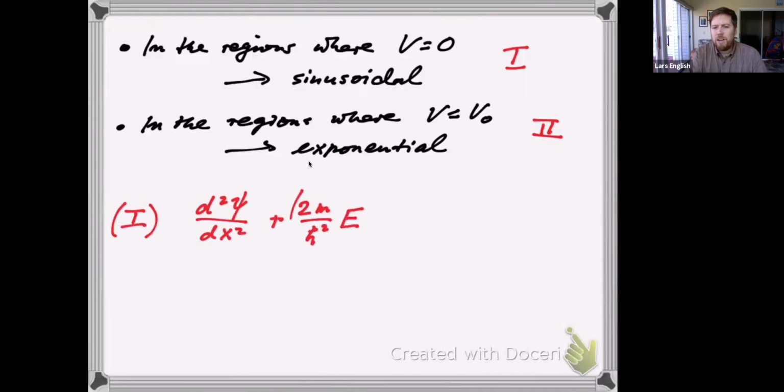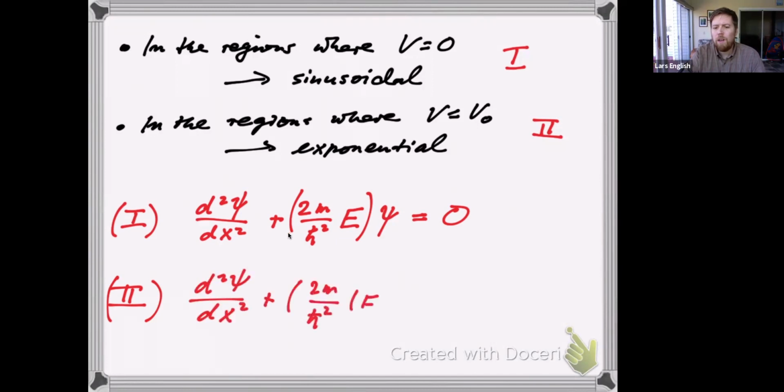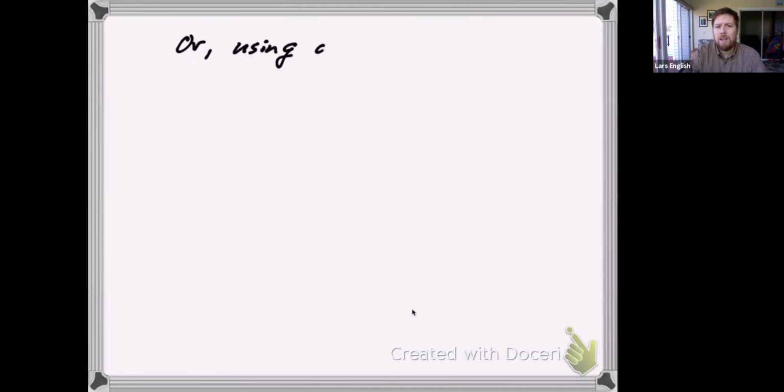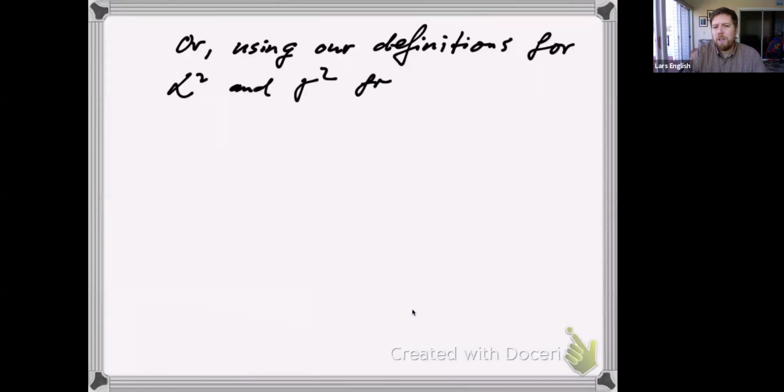This is stuff that we've already done, right? So we get basically in region 1 this kind of differential equation. V is 0, so it doesn't appear here. And then in region 2, we get V naught. Okay, and so we're going to simplify that by using our definitions for alpha squared and gamma squared from before.